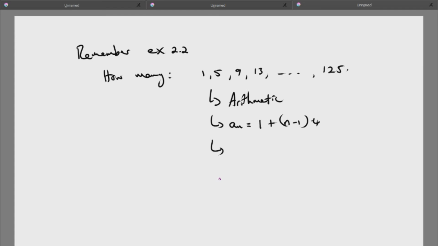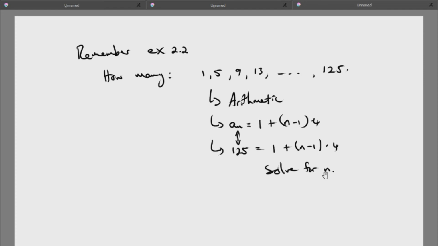I plug in the 125, the last term, and solve for n, the value of n, which will be the position, which counts the terms exactly the way I want. It helps to remember these because we're going to talk about the same kind of problem.